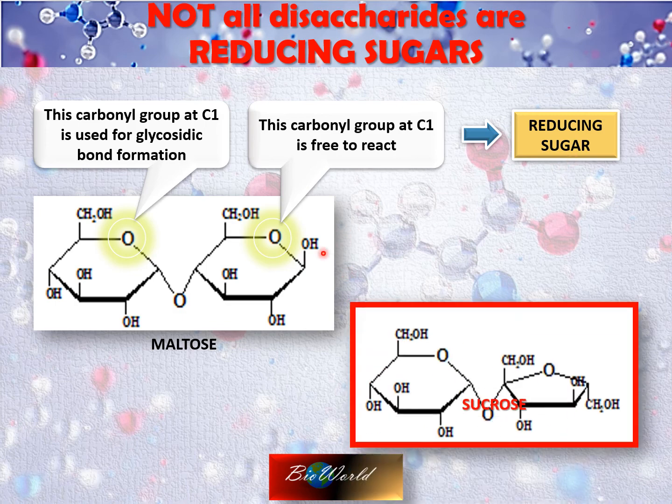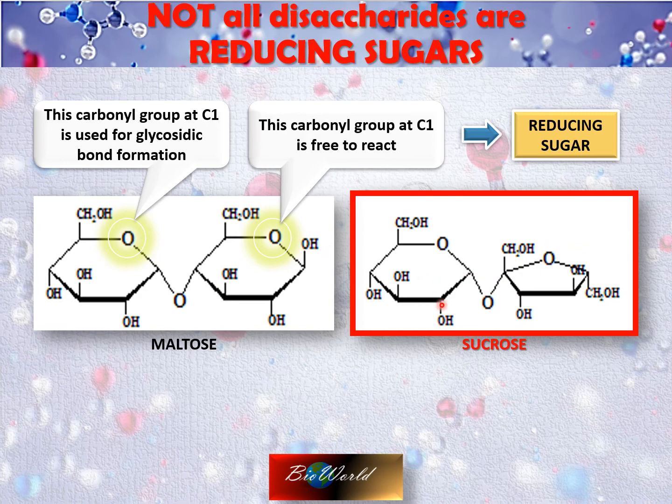But let's look at sucrose, which is a non-reducing sugar. Sucrose is produced through the condensation between an alpha glucose molecule and a fructose molecule, and they are bonded together by an alpha 1,2 glycosidic bond. You can notice that there is an oxygen at the glucose molecule and another oxygen here at the fructose molecule.